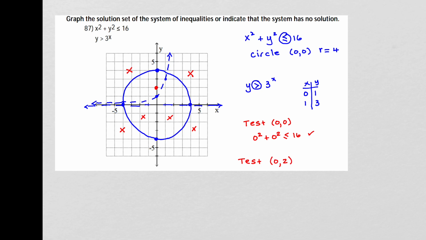Now let's try that. Is 2 greater than 3 to the 0 power? Yes, it is. So that means we can't use the other section. And now we're down to only one section. And this is where I would shade. And that's my final answer.